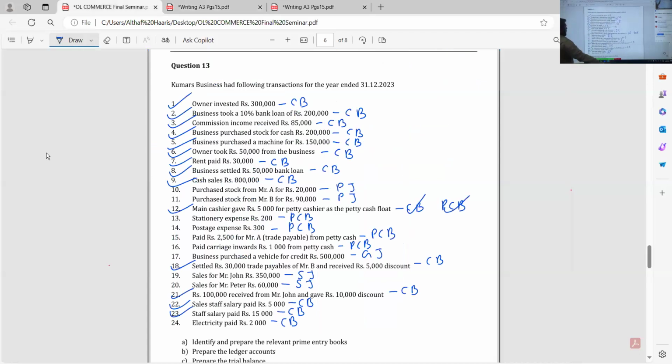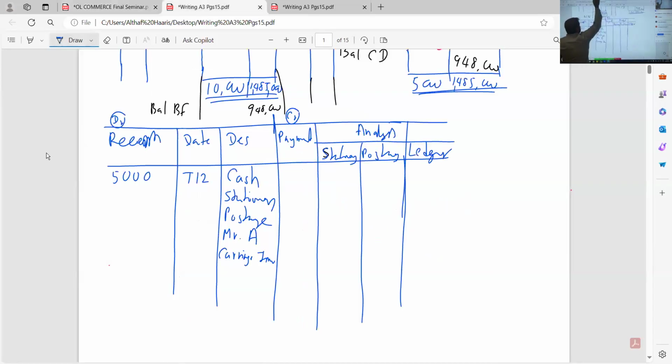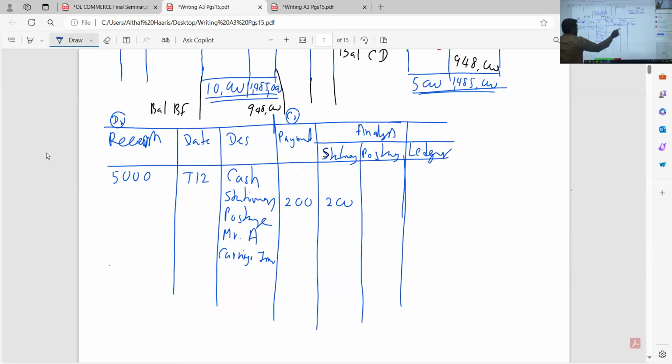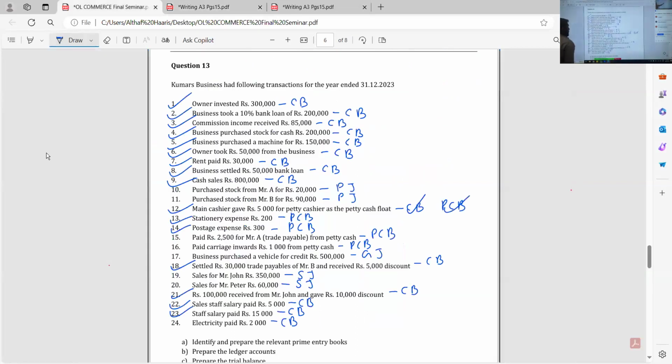Stationery, what's the value? 200. Postage, 300. Then for Mr. A, 2,500.